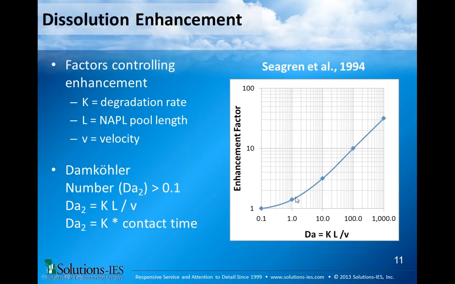That's actually not going to enhance dissolution, because it's no longer in contact with the NAPL. To enhance dissolution, the biodegradation has to occur right here. And it has to occur fast. The faster it biodegrades, the faster more can dissolve.